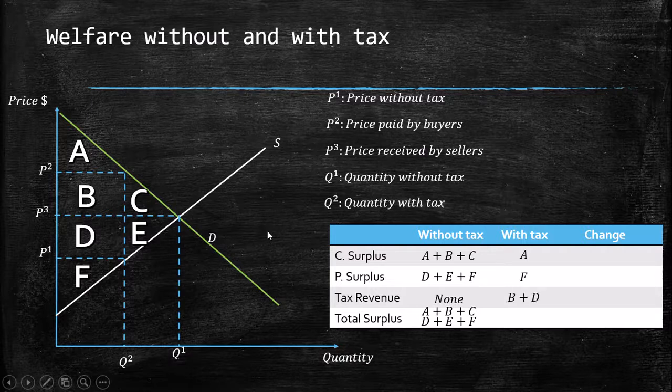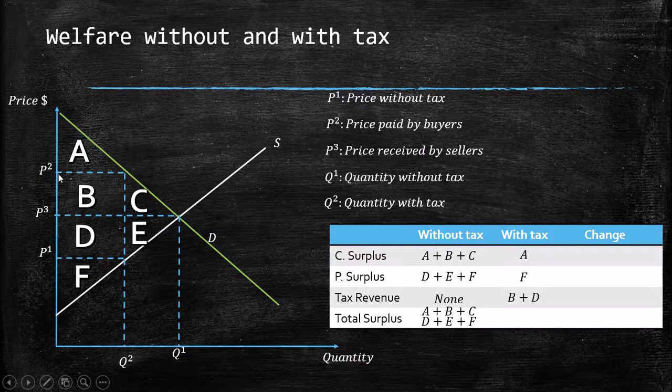Now what about the tax revenue? Remember that the size of the tax is P2 minus P1. This is the money received for each unit from the market. So you have to figure out how many times you're going to receive this amount. It's received on the quantity that is going to be produced, so this is like the base and this is like the height.